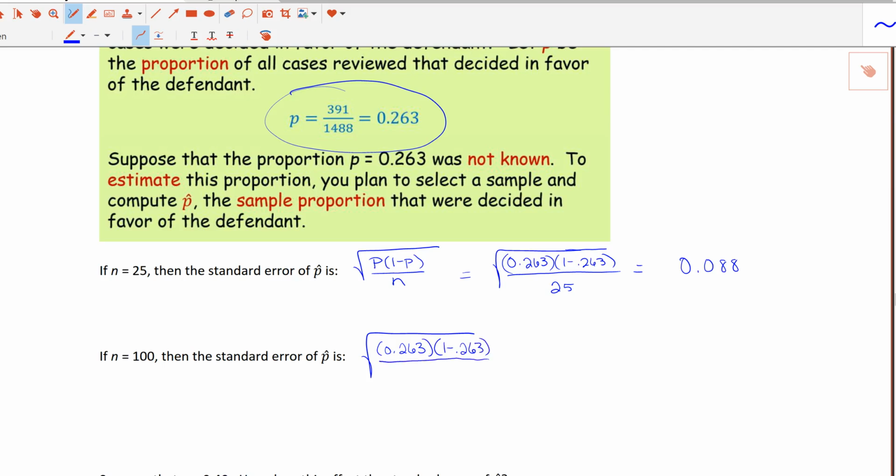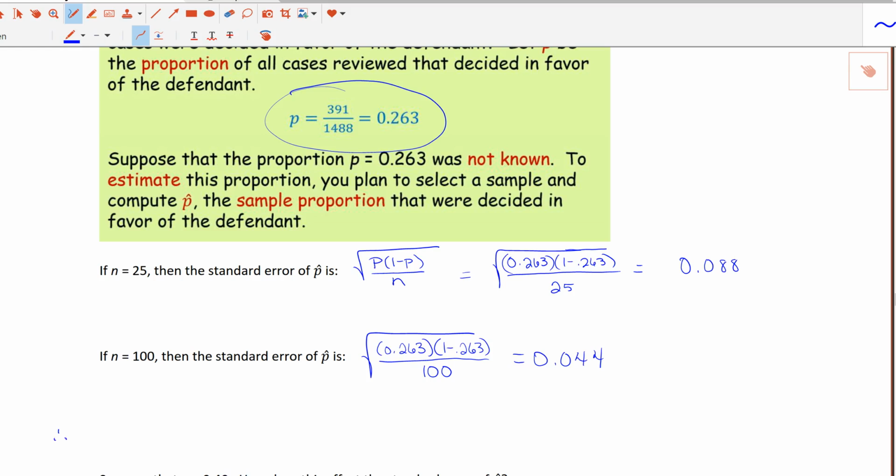So in a fraction, when you make the denominator bigger, it actually makes the whole number smaller, right? So when we calculate this, we should get 0.044. So the standard error is 4.4%, as opposed to the 8.8% when we had a sample size of 25.